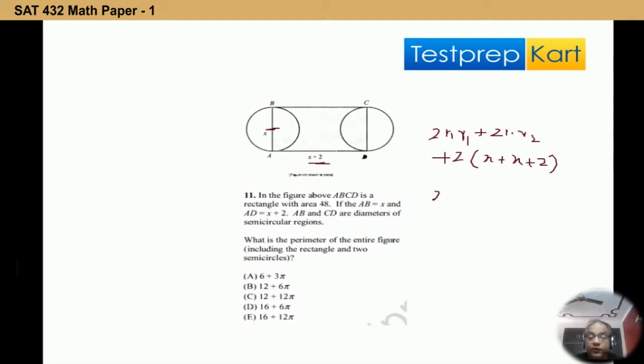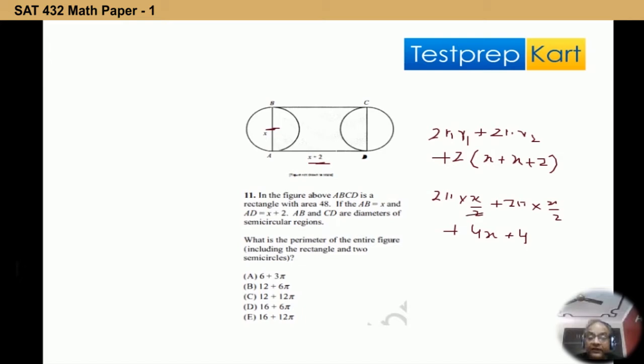So it will be 2 pi into x divided by 2 plus, again this is also x, so 2 pi into x by 2 plus 2x plus 2, so 4x plus 4.